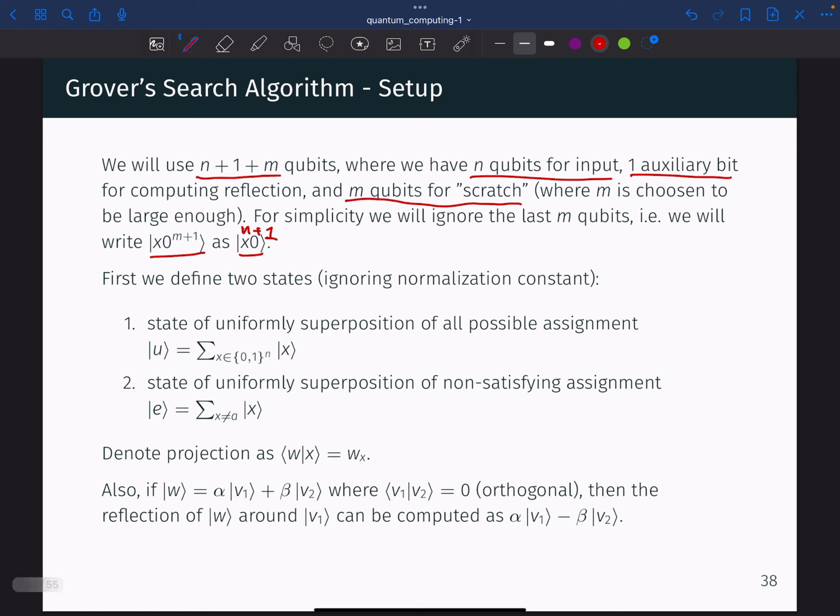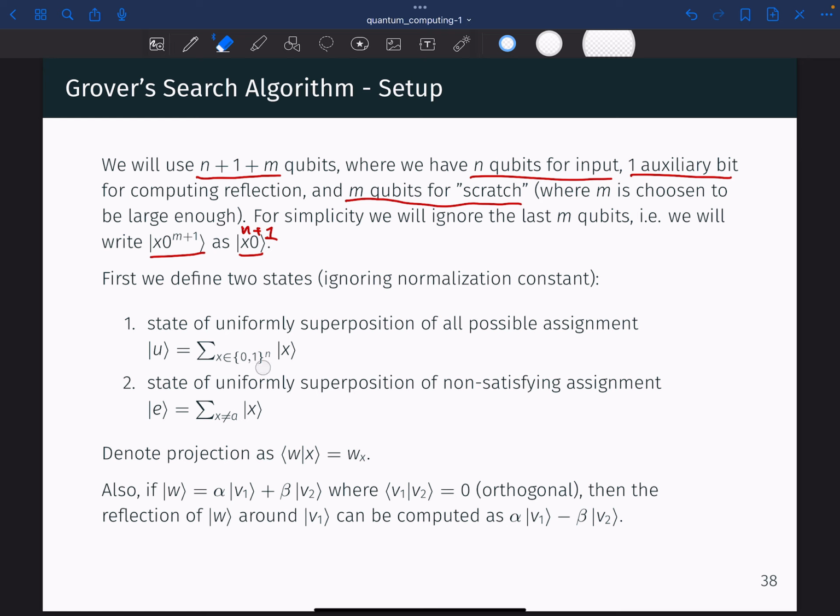Now let's define two states, which are very important for these algorithms, and we'll be ignoring the normalizing constant here. You can easily derive it because it is just 1 divided by the number of basis states, and you take the square root. The first state is the state U. This is the uniform superposition of all possible assignments.